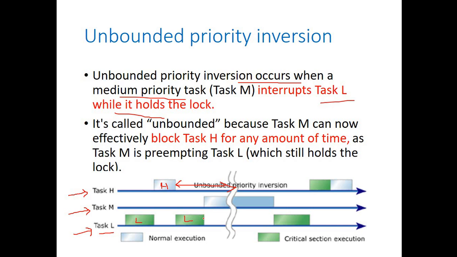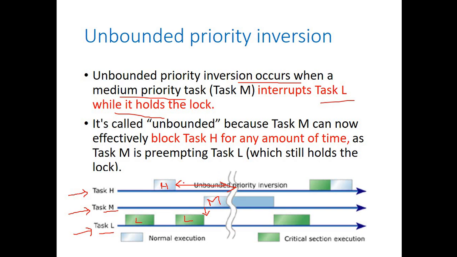During its execution in the critical section, a task with priority M, which is greater than the priority of the task L, wants to perform its execution. Then the task M will preempt the task L because the priority of the task M is greater than task L. So therefore, the task L is preempted and the task M will continue its execution.